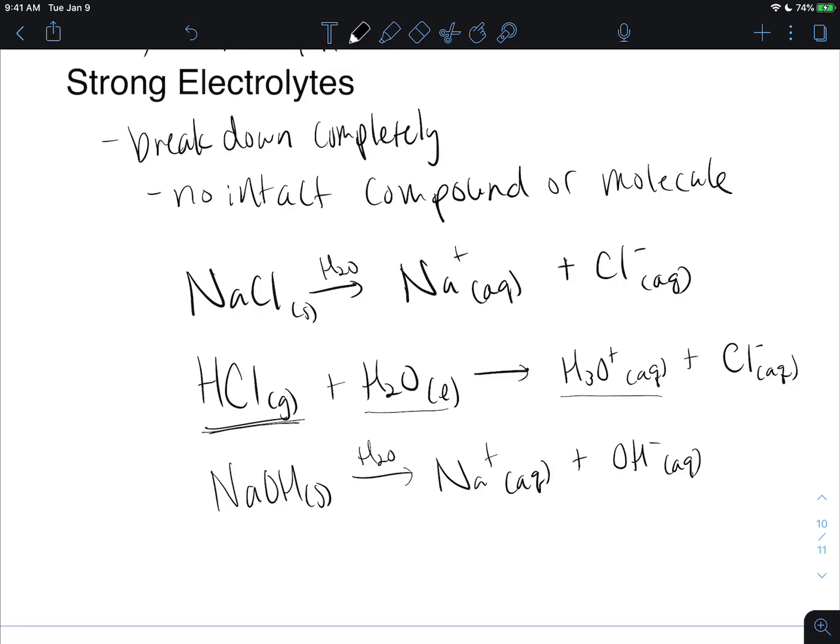Okay, some examples of strong electrolytes are going to be all ionic compounds.